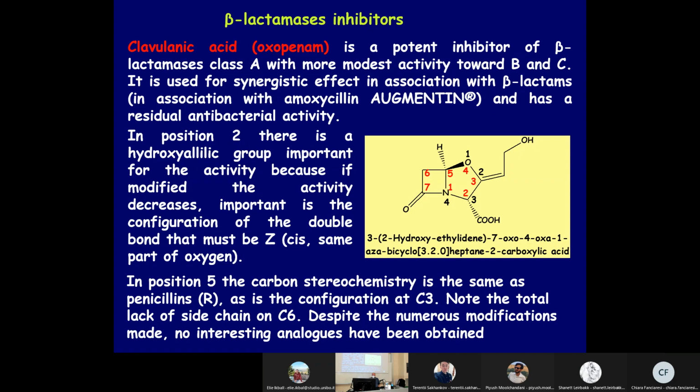Beta-lactamase inhibitors. Perhaps it's better if I describe these compounds tomorrow morning because they are very important.